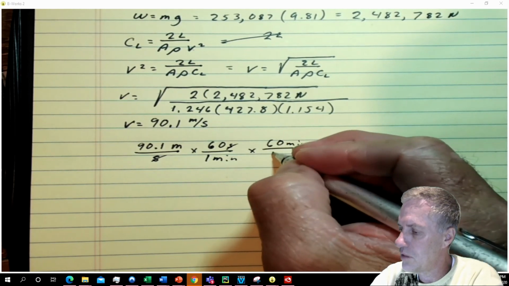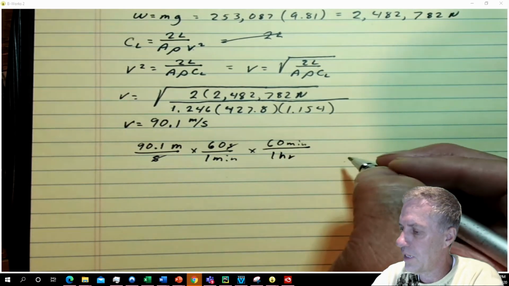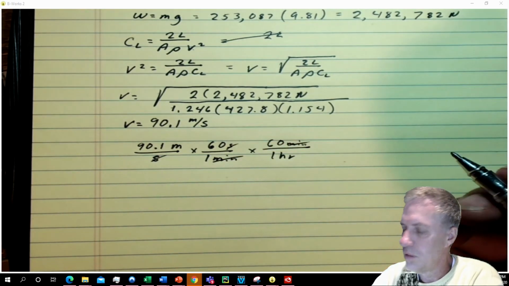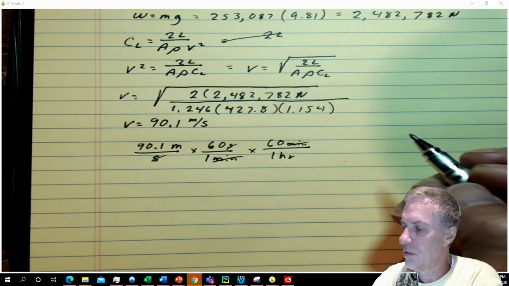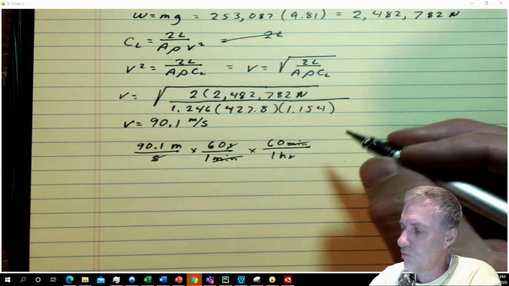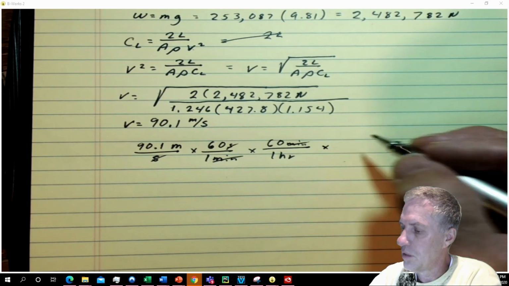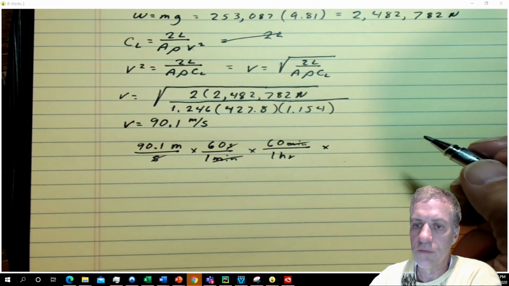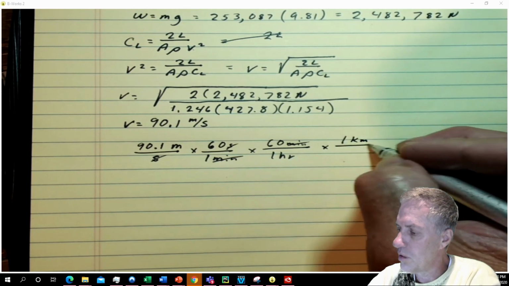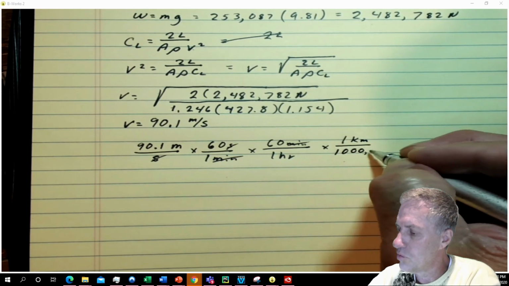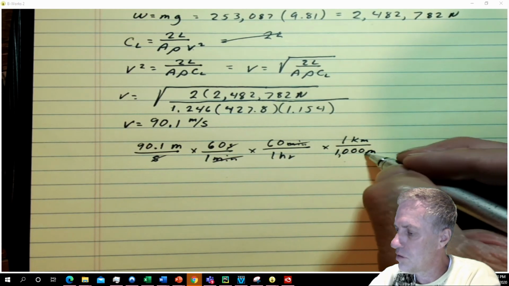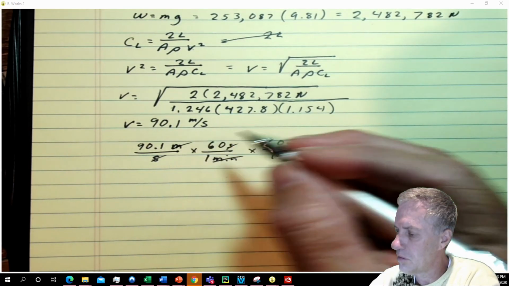Then there's 60 minutes in 1 hour, so my hours cancel out. So now I've got meters per hour. So we want kilometers. So 1 kilometer equals 1,000 meters, so our meters cancel out.